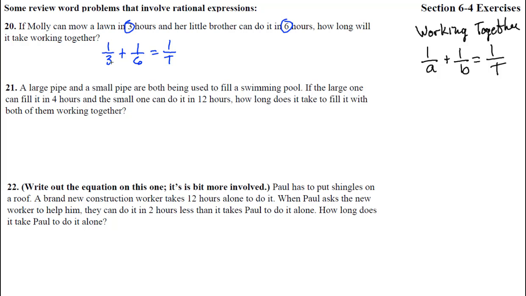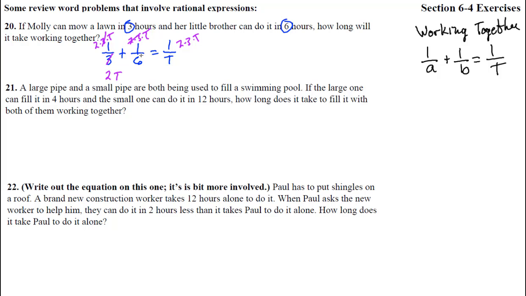So notice that this is a 2 times a 3. So if we have a 2 times a 3 times a t, that will be our common denominator, 6t. 2 times 3 times t, 2 times 3 times t, 2 times 3 times t. There we go, and the 3's cancel here, so we get a 2t.